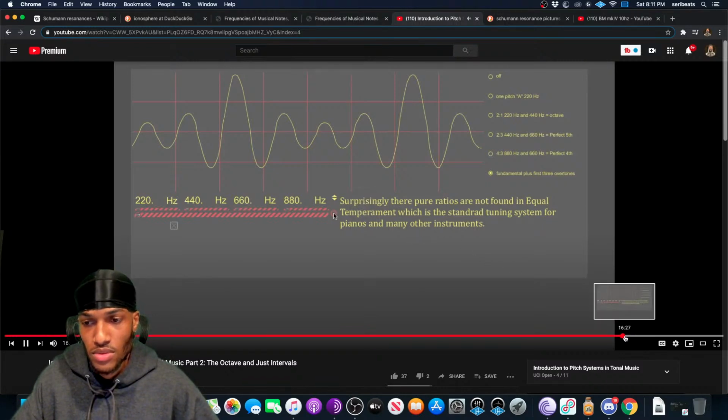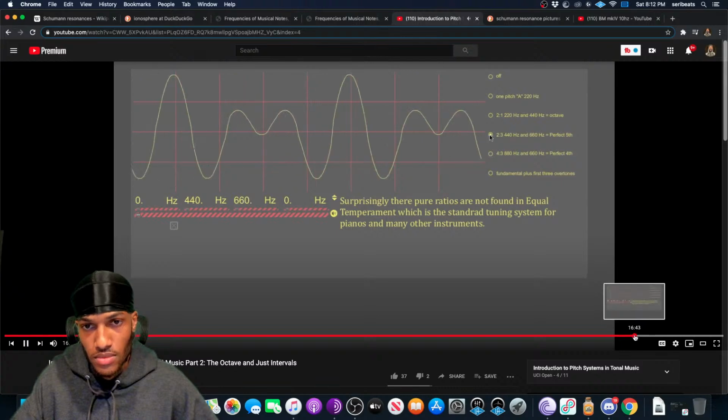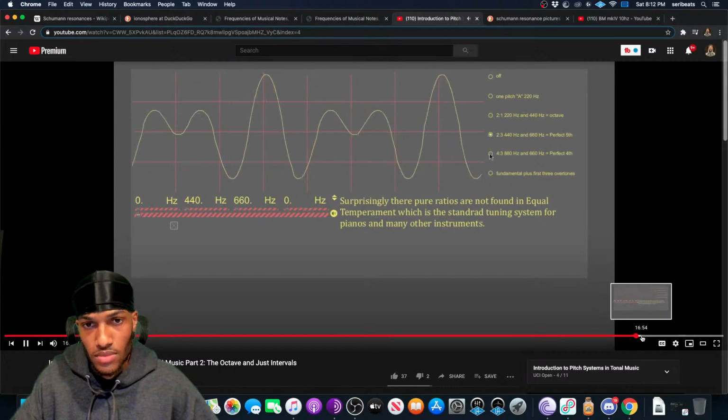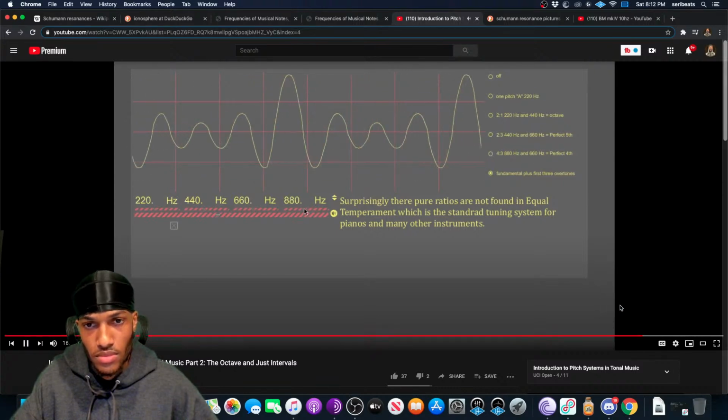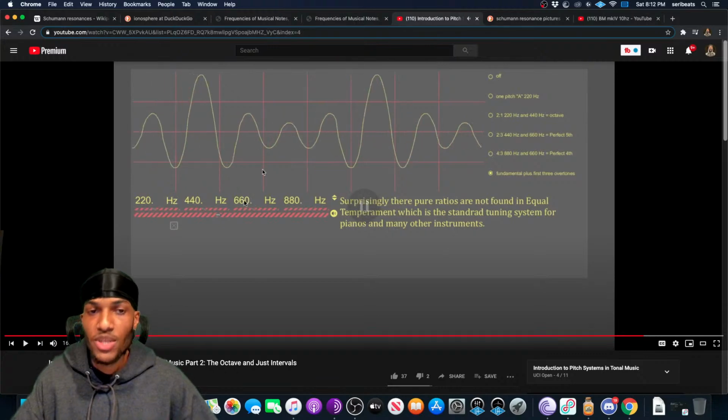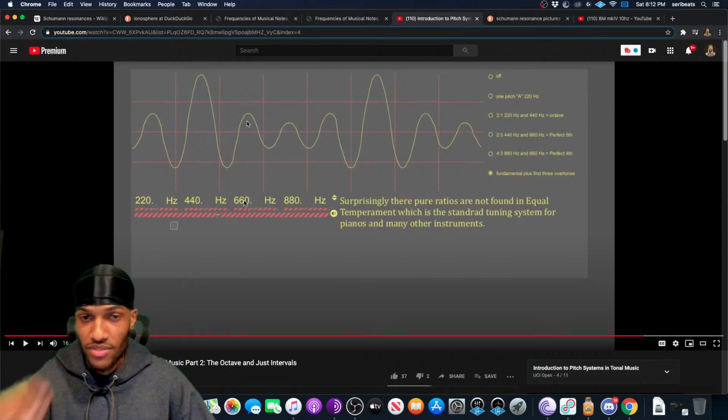These pure ratios in equal temperament, which is the standard tuning system for pianos and many other instruments. He's playing a bunch of notes together, and you can see it creates this wave, but the wave stays stable. Now let's see what happens when you have dissonance.